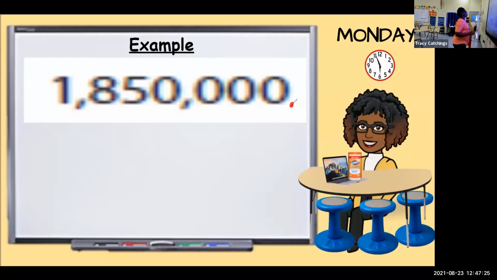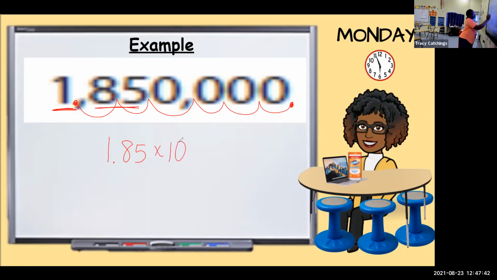We're going to place the decimal at the end, and we're going to shift until we get one digit. And that one digit will be 1. So that number will be 1.85. So definitely make sure you get the digits after the decimal as well. And then we're going to put that times 10, and then count how many times we moved.